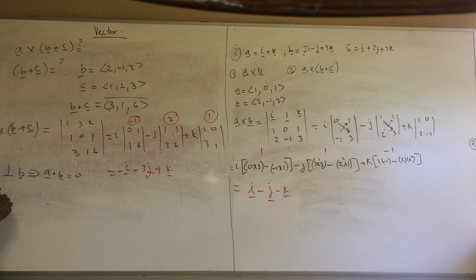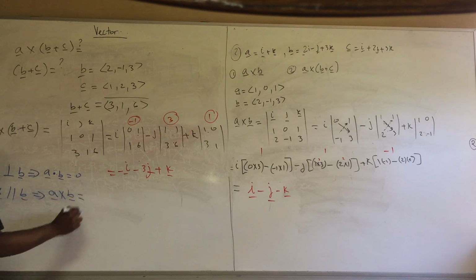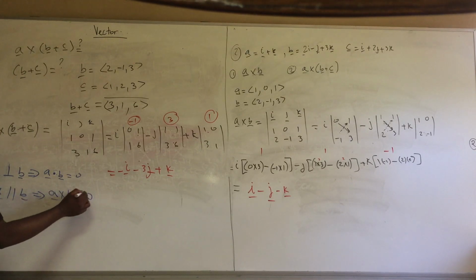Vector A is parallel to vector B if A cross B equals 0. Alright? So for the parallelism, we have to do the cross product. We call it sometimes cross product or vector product.